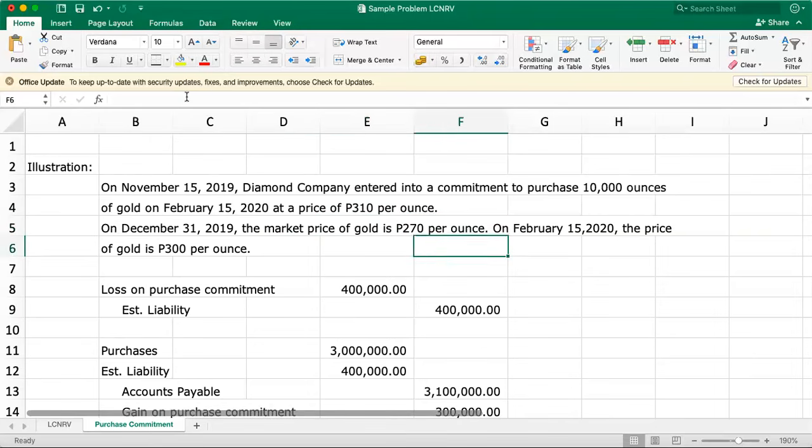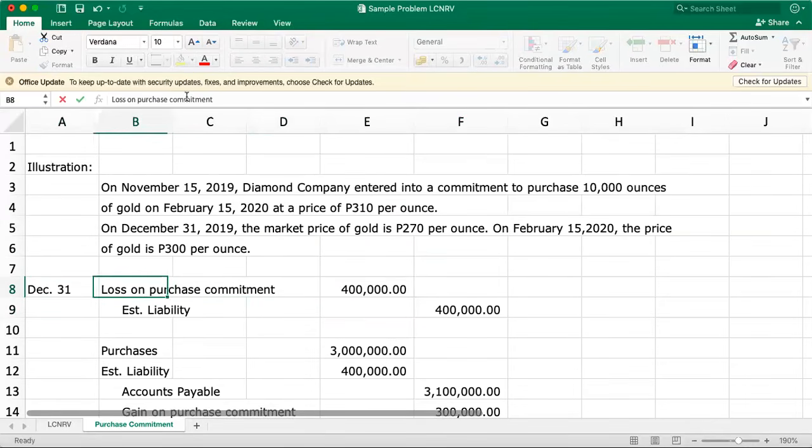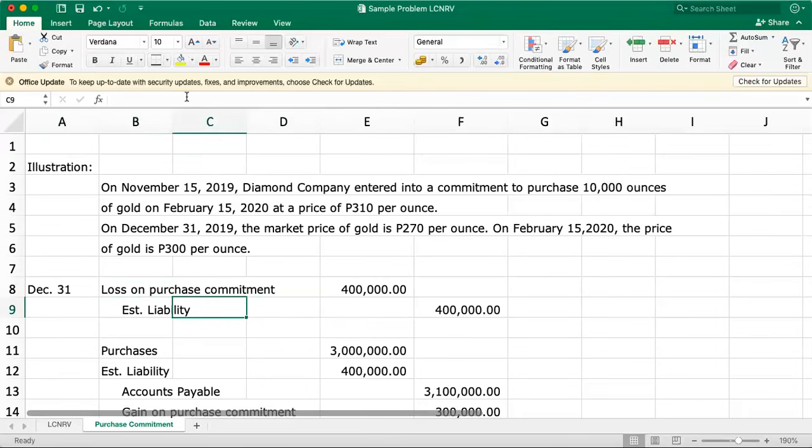So on December 31 you have a 40 peso loss. That's why you have a loss on purchase commitment: 10,000 times 40, that is 400,000. So you have an estimated liability on purchase commitment of 400,000.